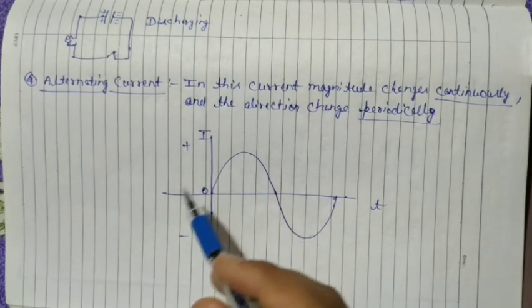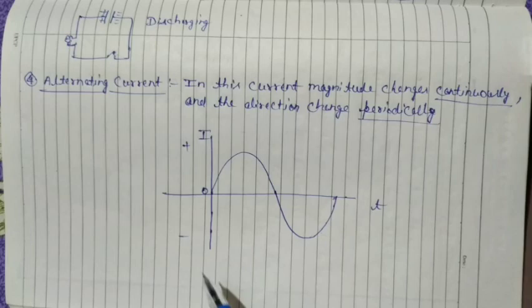So this is a graph for alternating current or AC current. This AC current we will study in a separate chapter. These are 4 types of current.